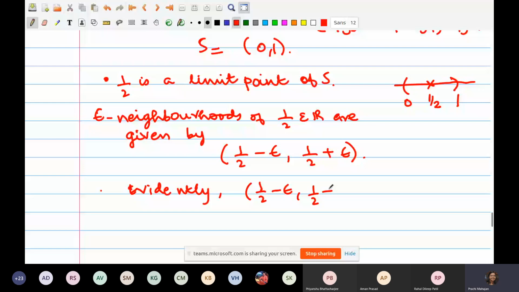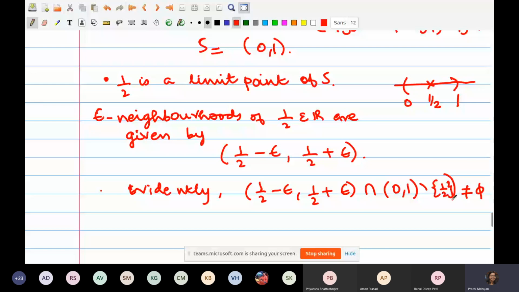So this intersect half, not only is this non-empty, all I want to say is this intersect minus the singleton half is non-empty. This is what is important here, right?